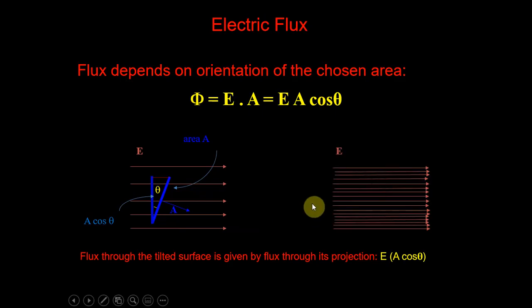So here's our electric field. If we have quite an extreme change in the orientation of the field, you should see that it intercepts less electric field as your angle increases, until the actual area is lying down flat in the electric field at which point it actually intercepts no electric field whatsoever.